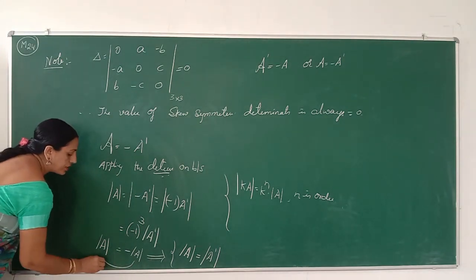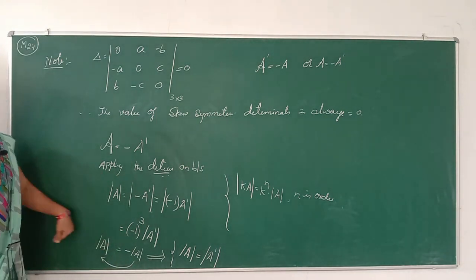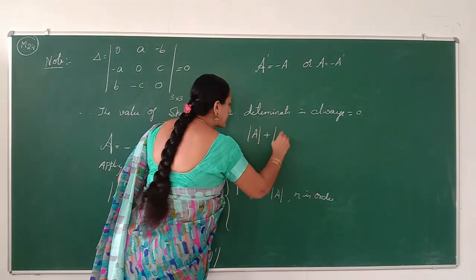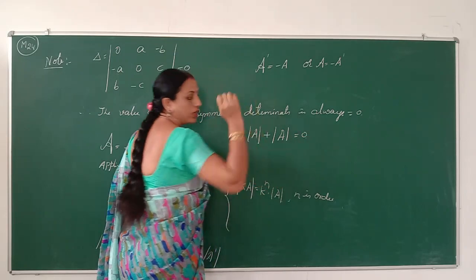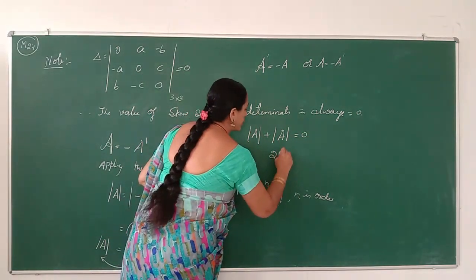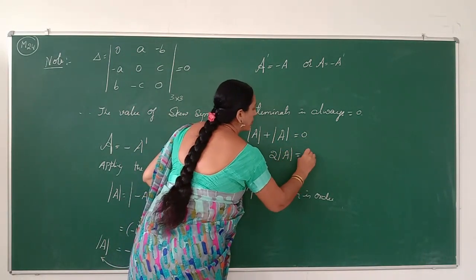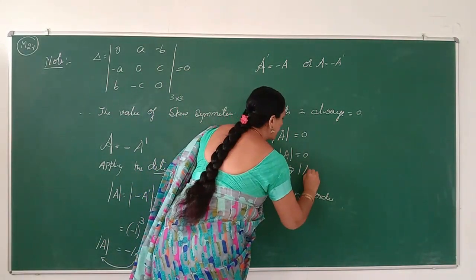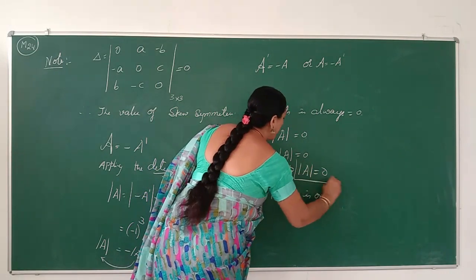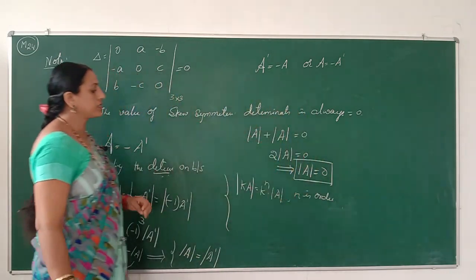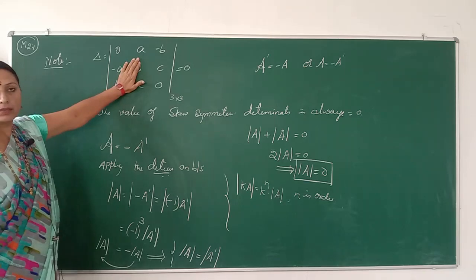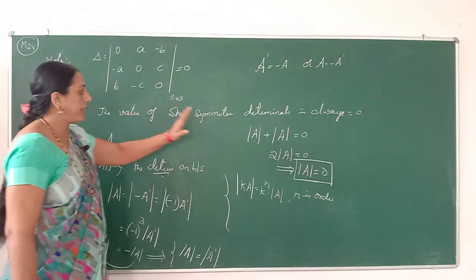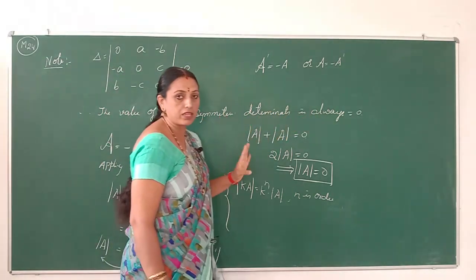After transposing, determinant of A plus determinant of A is equal to 0. So 2 times determinant of A is equal to 0, which implies determinant of A is equal to 0. So if the given matrix is a skew symmetric matrix, then the value of the determinant is always 0.